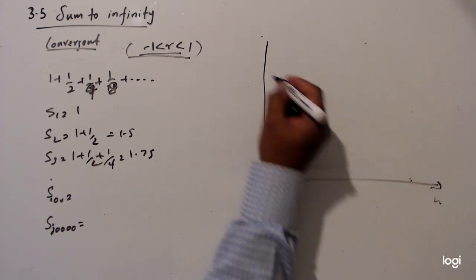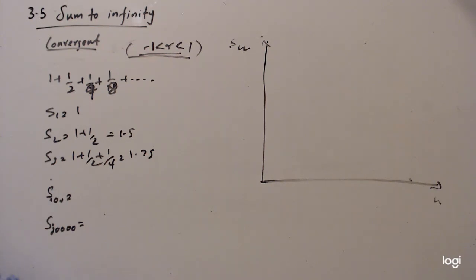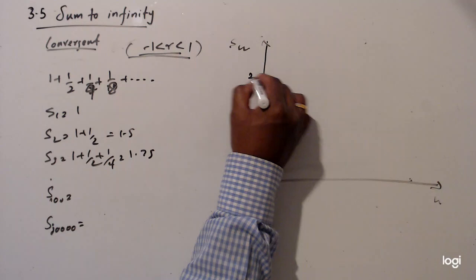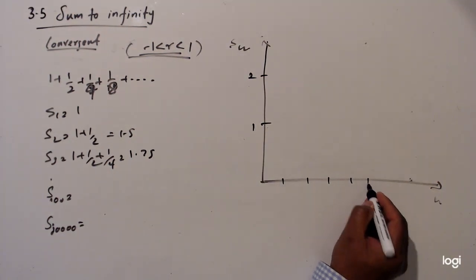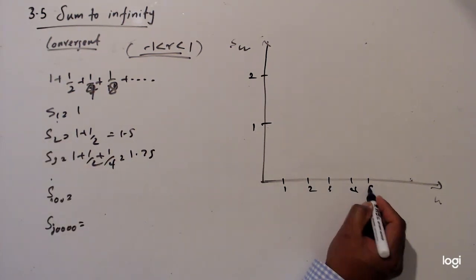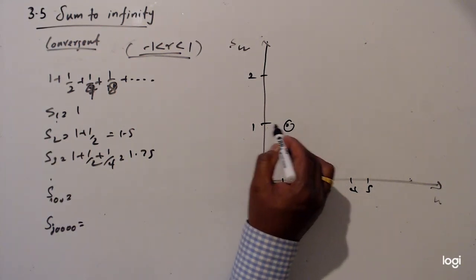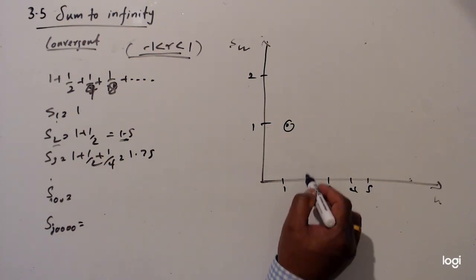So what will happen in this graph, this is n and this is Sn, this is 1 and 2. So n value is 1, 2, 3, 4, 5. When n value is 1, the graph is 1. When n value is 2, the value is 1.5.